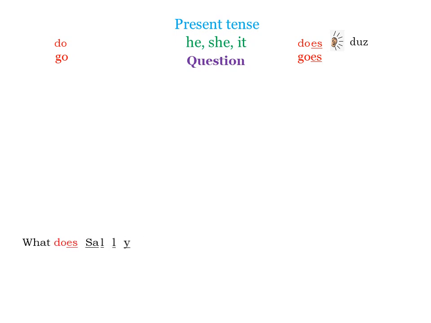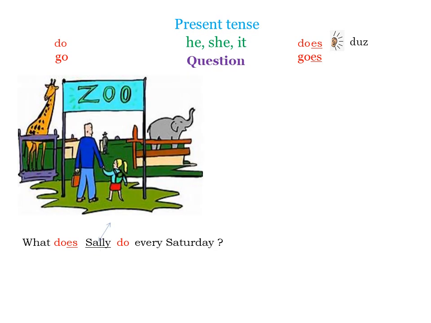What does Sally do? Do as, because we don't know, it's a substitute. Every Saturday. What does Sally do every Saturday? She goes to the zoo with her dad.